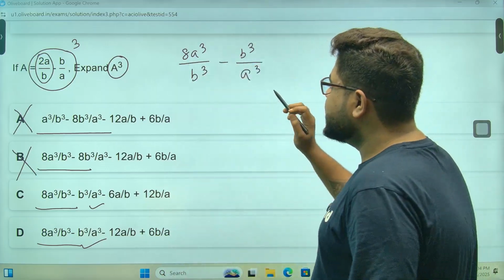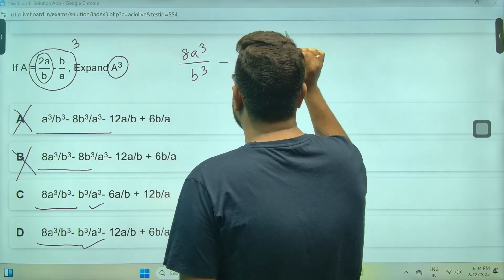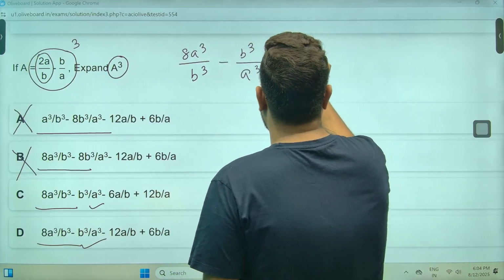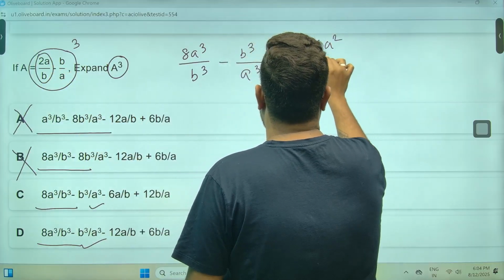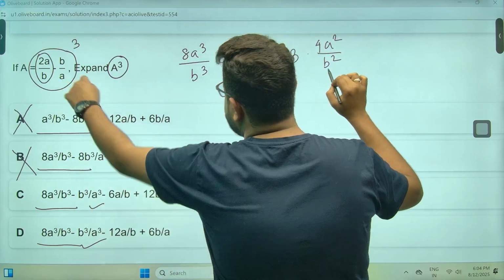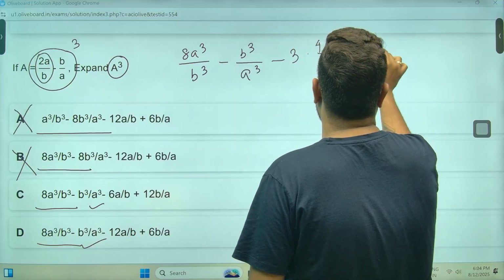Now let's move on. 3a square b. Sir, a cube minus 3a square b. 3a square means 2, that means sir 4a square. And b is sir what? Minus, or rather I can directly say b by a.